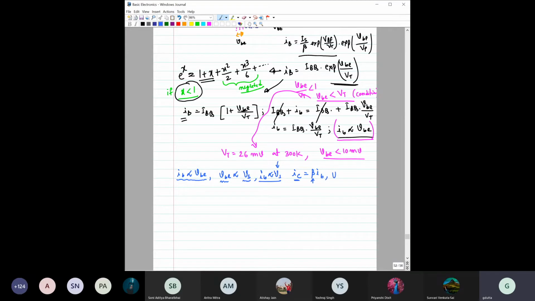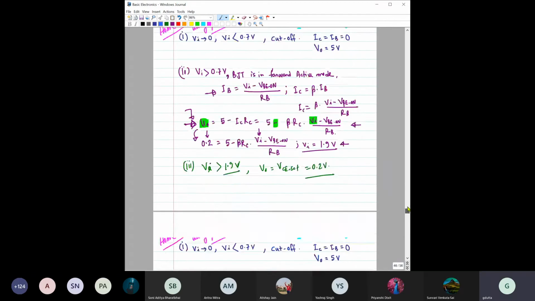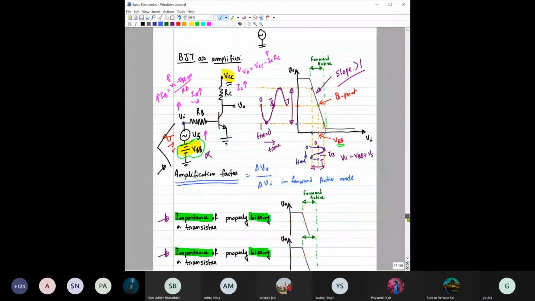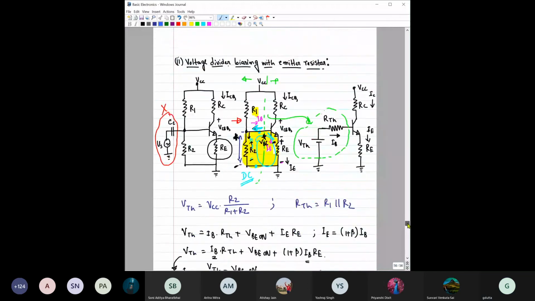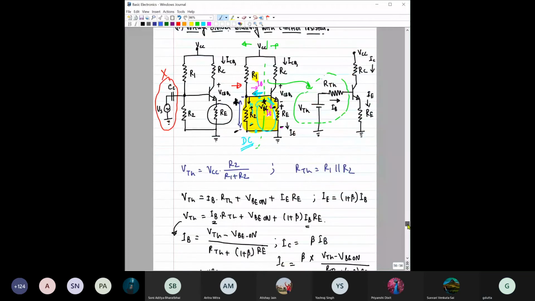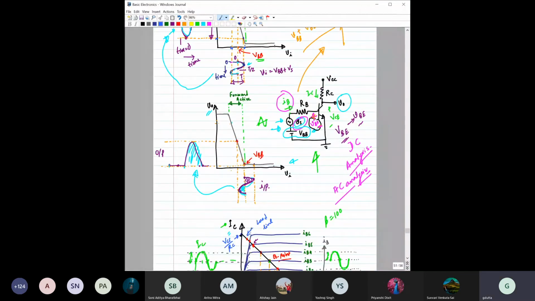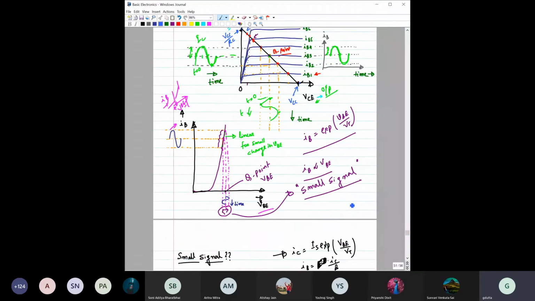Okay. Now what is this output? For this particular case, what is this output voltage? Output voltage is equal to VCC minus IC RC, right? You will see later on that this relation holds for AC analysis as well.